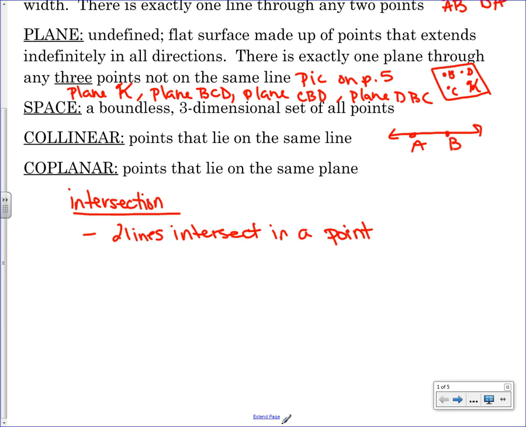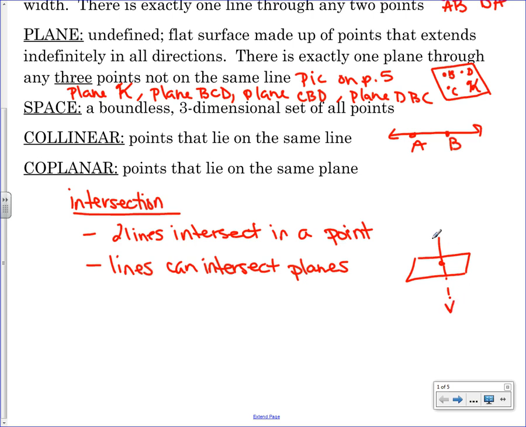So we're going to write all those down that we just said, okay? Lines can intersect planes. That was the top picture. If that happens, here's my plane, right? Here's a line, dotted at the bottom, solid at the top. I didn't label anything, but that's what it looks like typically. Okay?